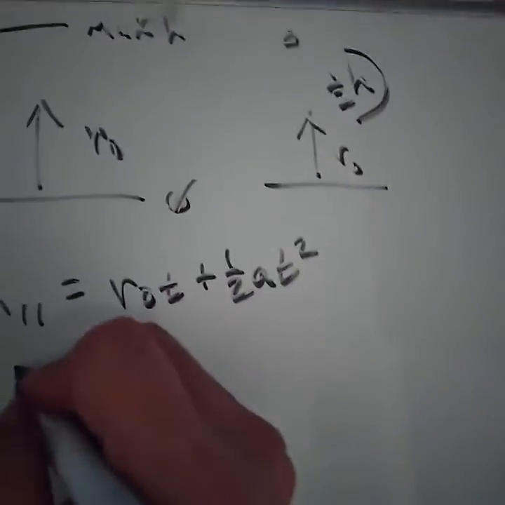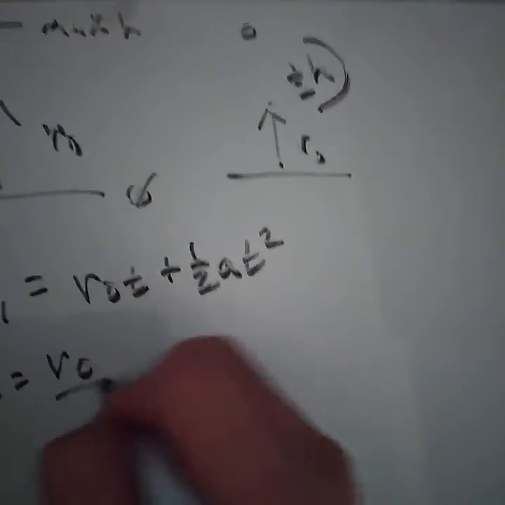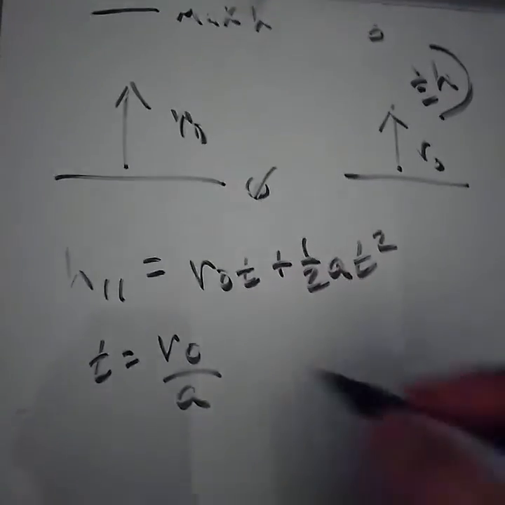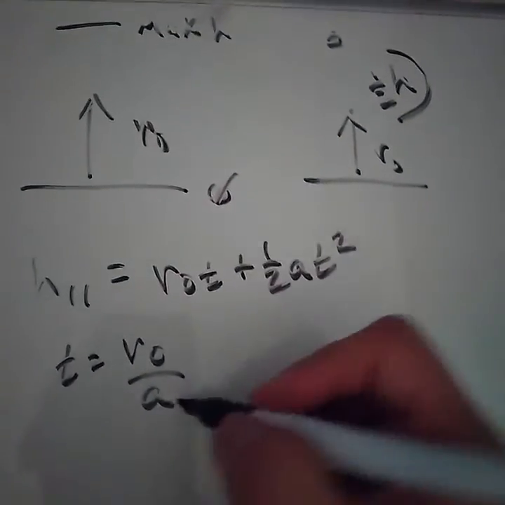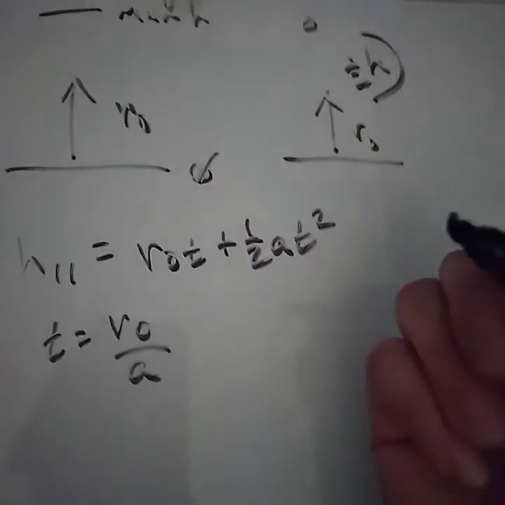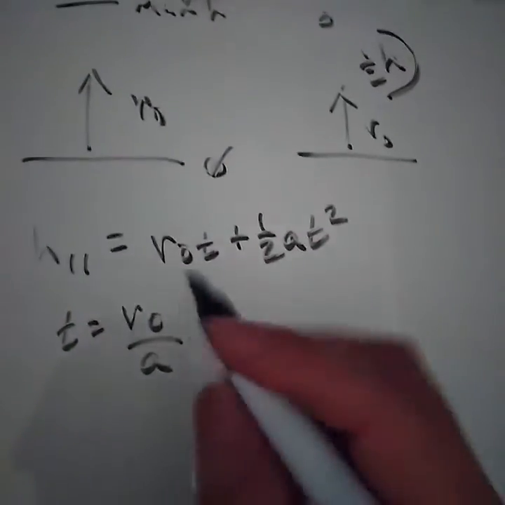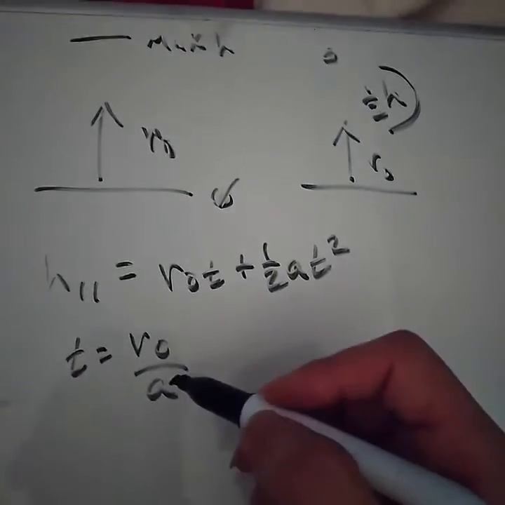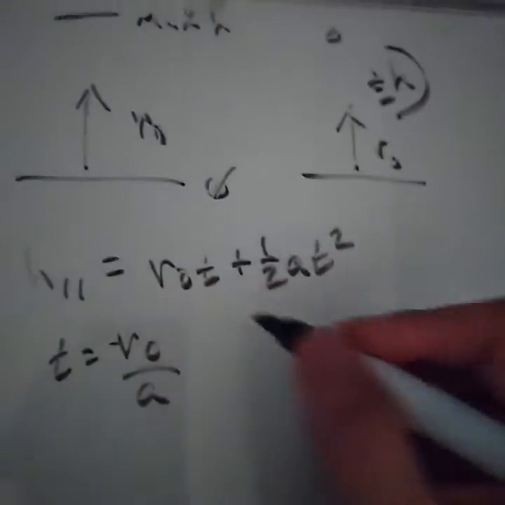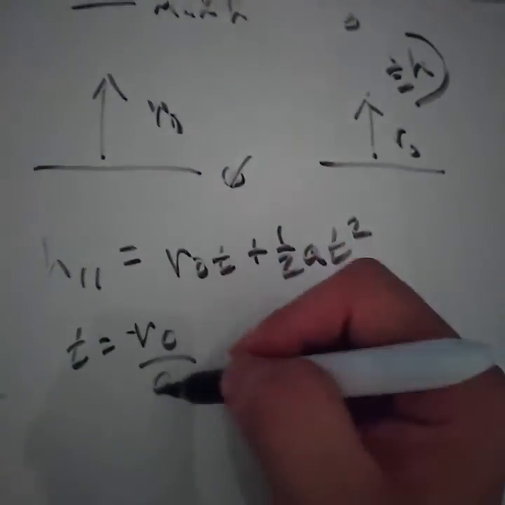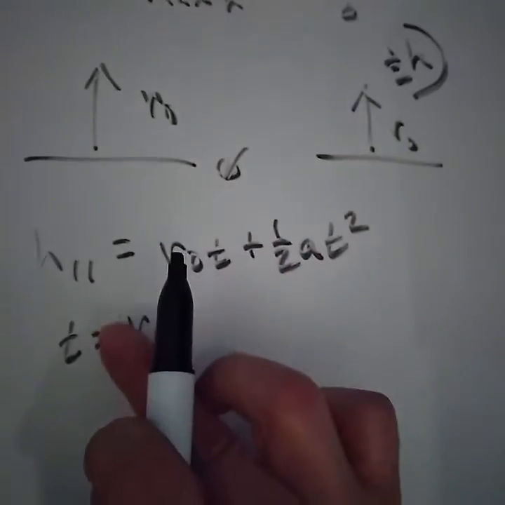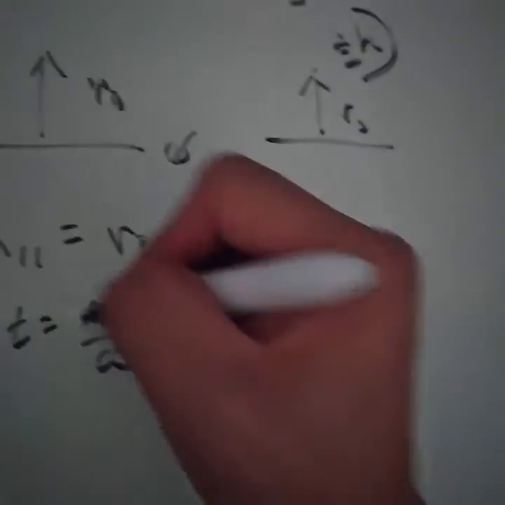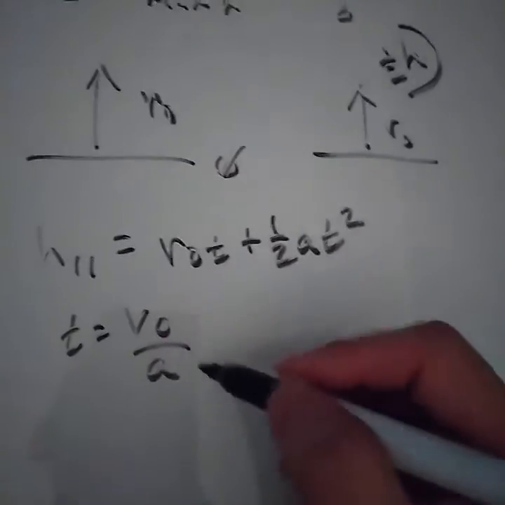Time is going to be VO over A, since we know that it's going to reach maximum height. That means VF is equal to 0. So VF equals VO plus AT. Solving for T gives us negative VO over A. Since A is negative, it cancels, so we have VO over A.